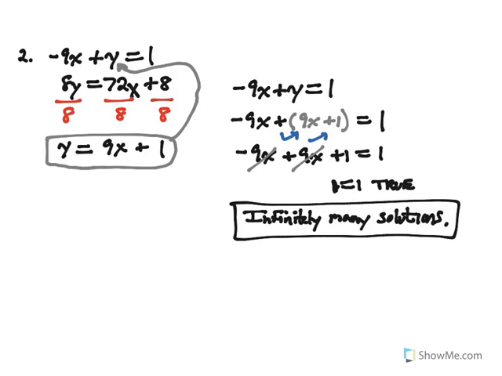All right, let's do another example. If you look at the third example, again, x is going to be easier to eliminate than y.